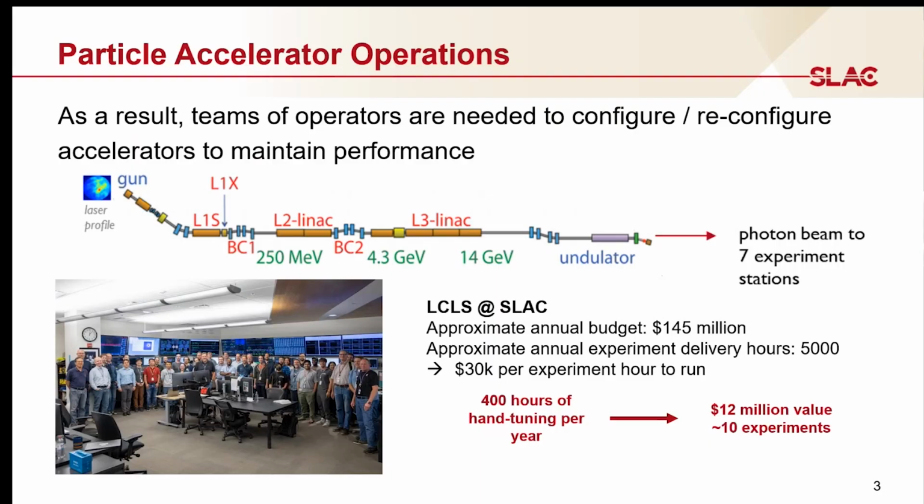For example, we have this accelerator facility at SLAC, which is called the Linac Coherent Light Source, or LCLS. Essentially, what we do at this facility is we take electrons, accelerate them and compress them such that we are able to get them to a very high energy, GeV scale, and then send them through what are known as undulators, which wiggle the electrons back and forth, and they produce light.